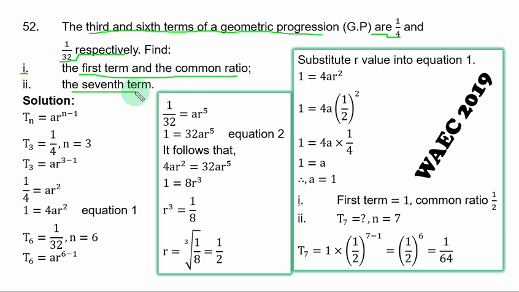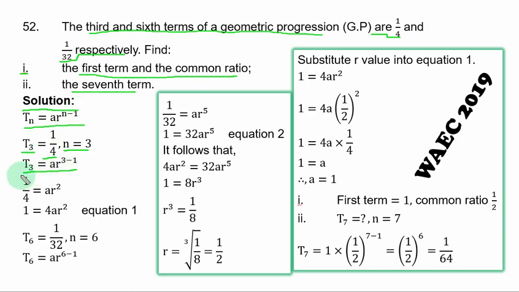Solution: this question centers around the nth term formula of a geometric progression. From the question, the third term t sub 3 is 1/4. At that point, n is equal to 3. You replace n by 3 in the nth term formula, you have this result.